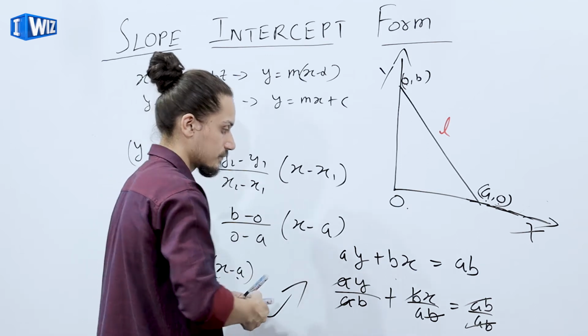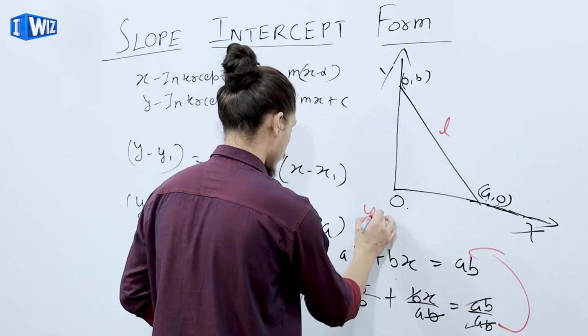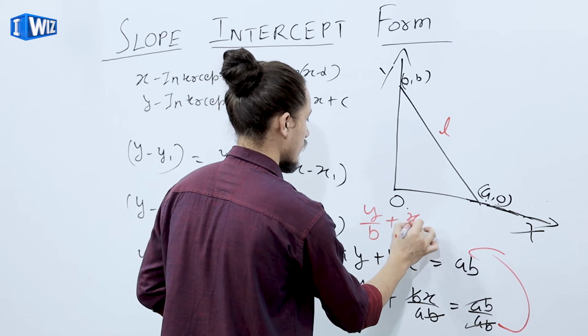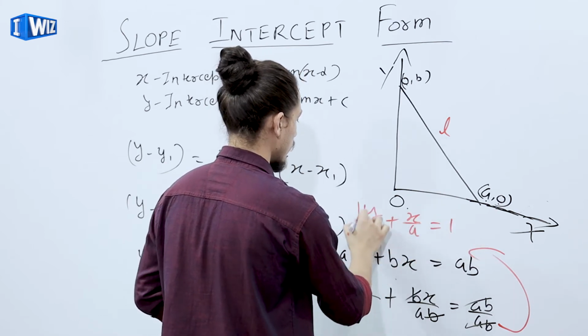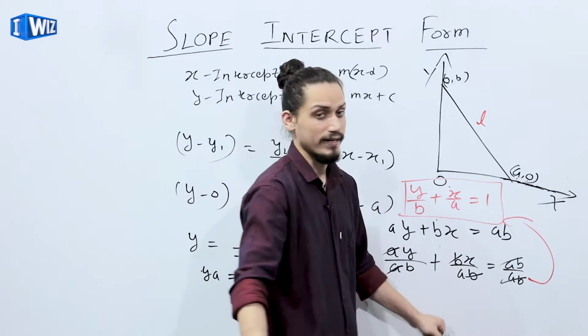So we get y upon b plus x upon a is equal to 1, which is the equation of line in intercept form.